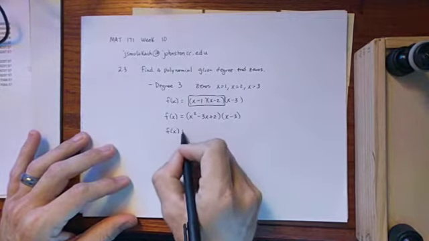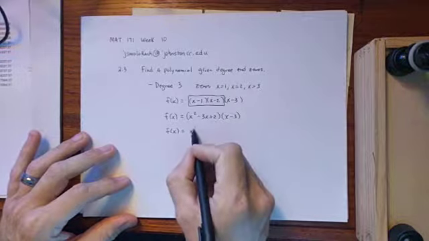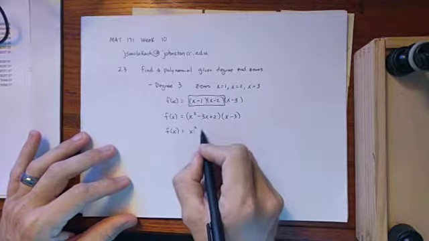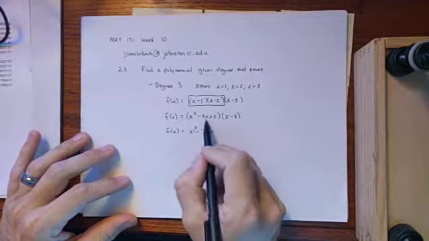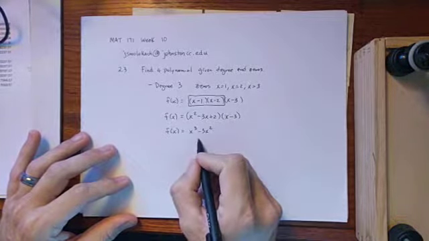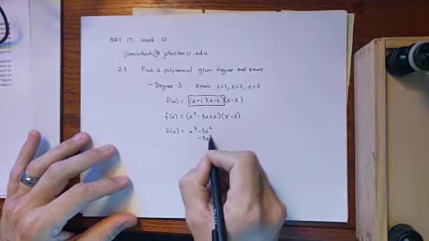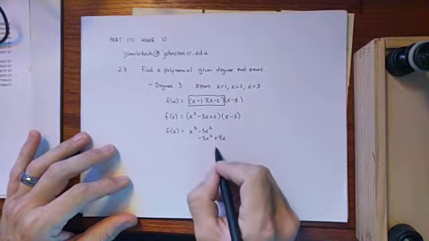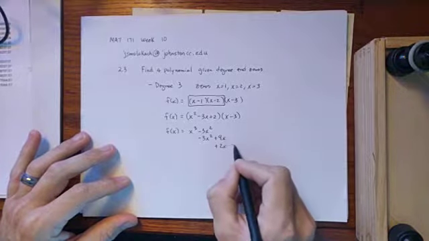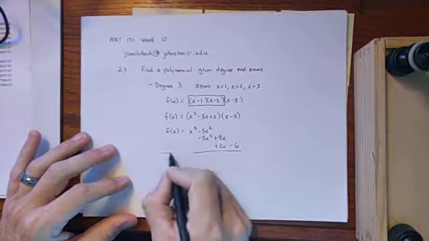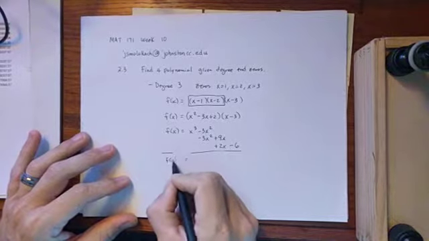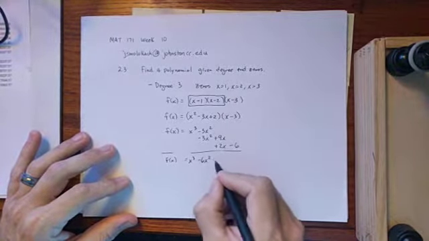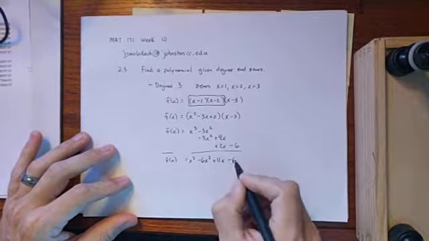And so then you distribute and you get x cubed minus 3x squared, and then we'll distribute the minus 3x, so that's minus 3x squared plus 9x, and then we'll distribute the positive 2, and it's positive 2x minus 6. So when we add all this up, we get f of x equals x cubed minus 6x squared plus 11x minus 6.